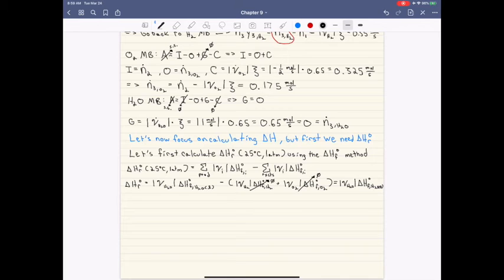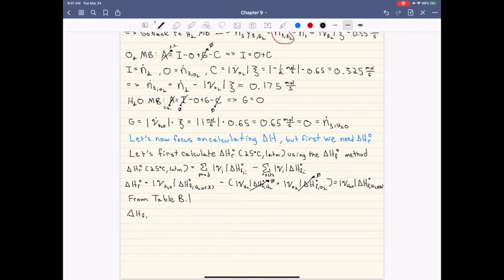In any case, what we need to do now in order to calculate the standard enthalpy of reaction is look up the enthalpy of formation for water. You can look that up in table B1. So what I want you to do now is pause the video and look up the enthalpy of formation for liquid water from table B1.